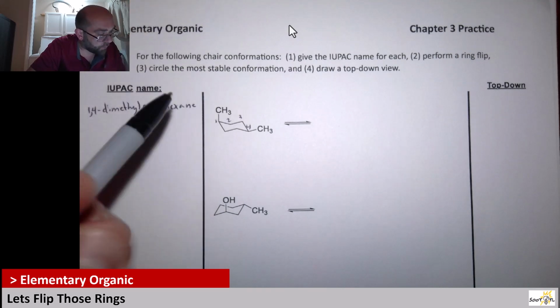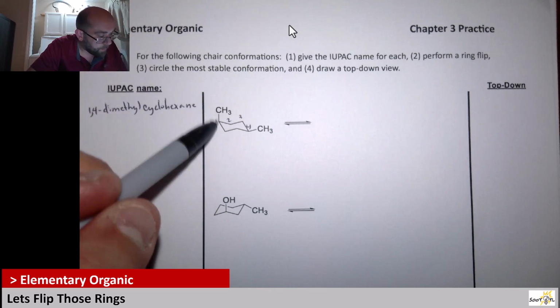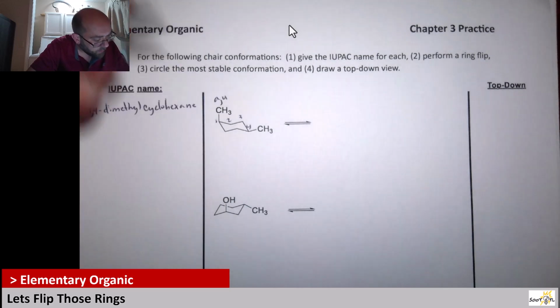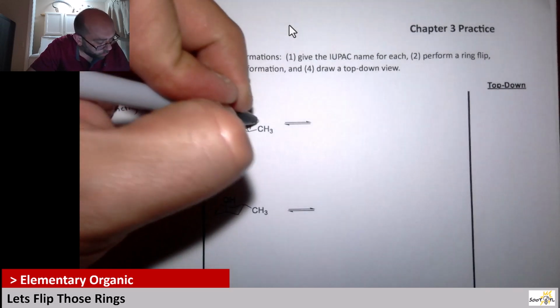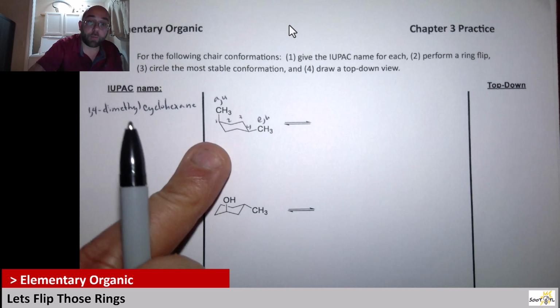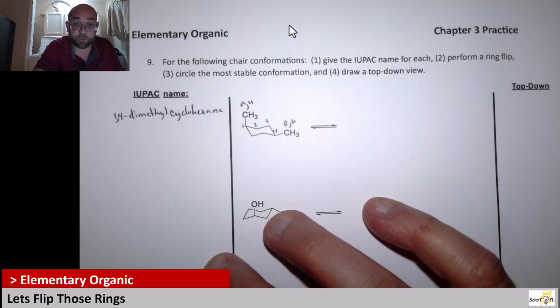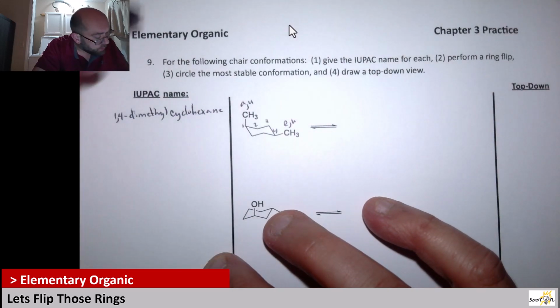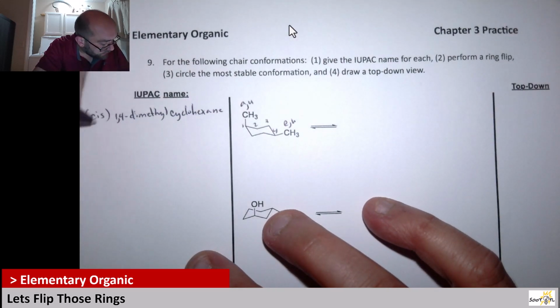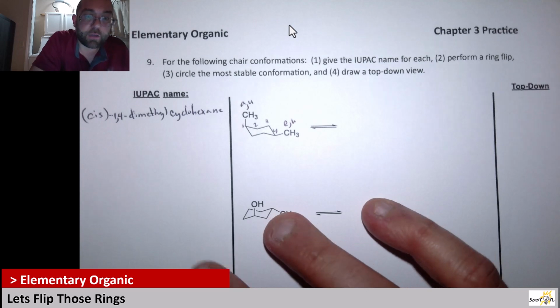But also from here, you notice this methyl is axial up and this methyl is equatorial up. Since they're both up, on the top face of the ring, we would also have to put in whether it was cis or trans. So they're both up, so we would say that this is cis. Okay, so cis 1,4 dimethyl cyclohexane.